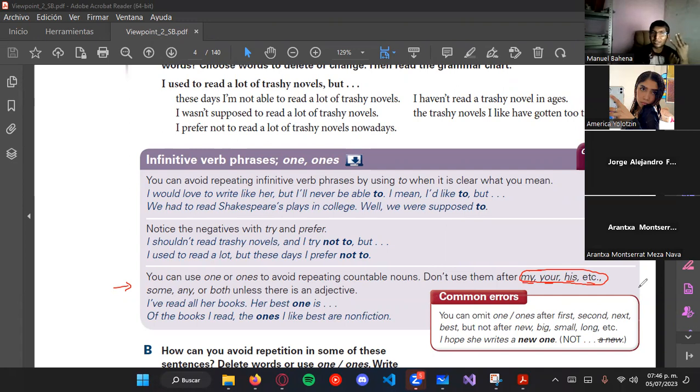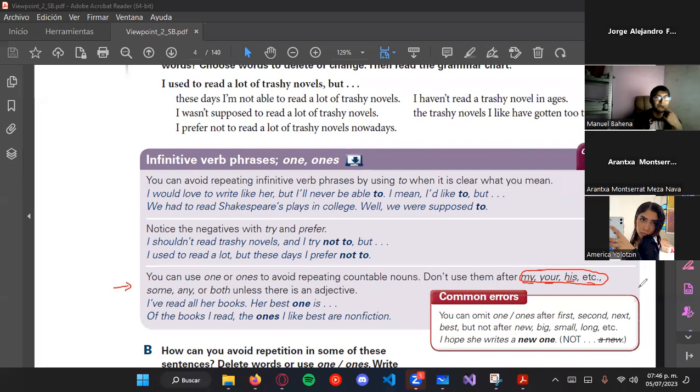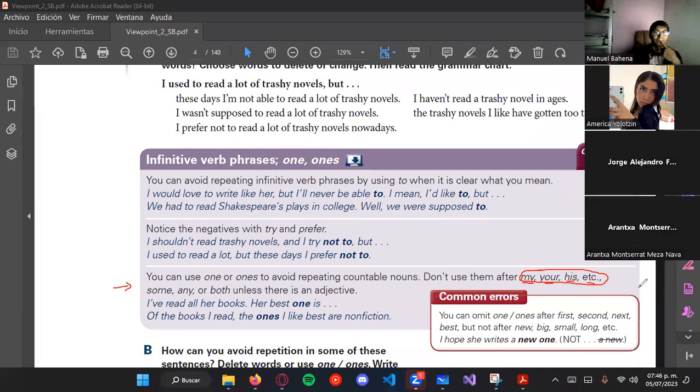What are they? ¿Qué son esos? Jorge, tell me. Pronouns? Pronouns. Yes, exactly. Yes, pronouns. Okay? Son pronombres. Object pronouns. Pronombres de objeto, pero pronombres nonetheless. ¿Vale?